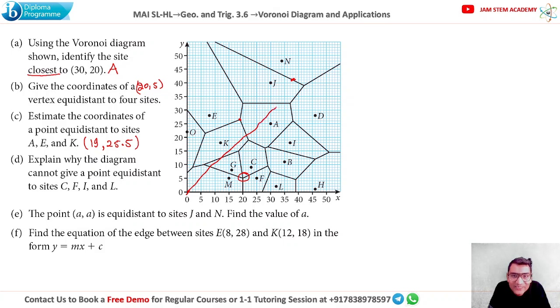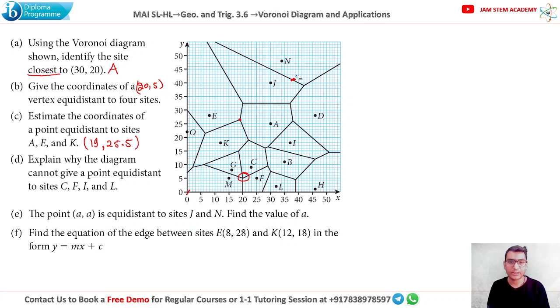This is just an approximation again. So you can draw that line y equals x. So (40, 40) is that point which is lying on y equals x as well as on the perpendicular bisector of this J and N.